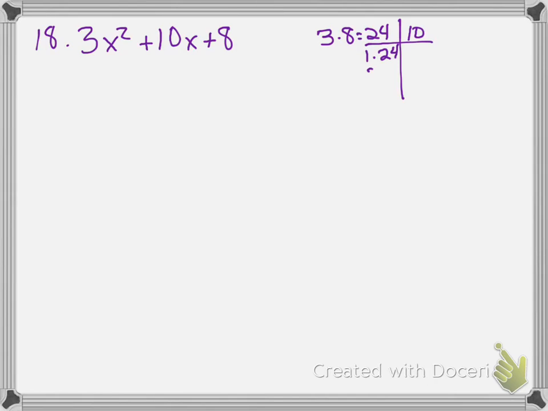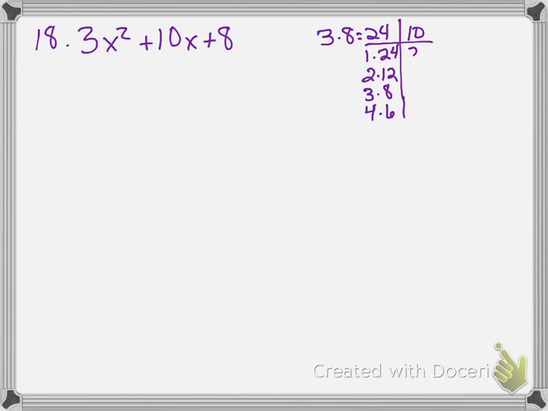Number 18. This one has something other than 1 in the A's position, so you have to do the AC method on this one. So you multiply the 3 times 8 to get 24 and find the factors of 24.